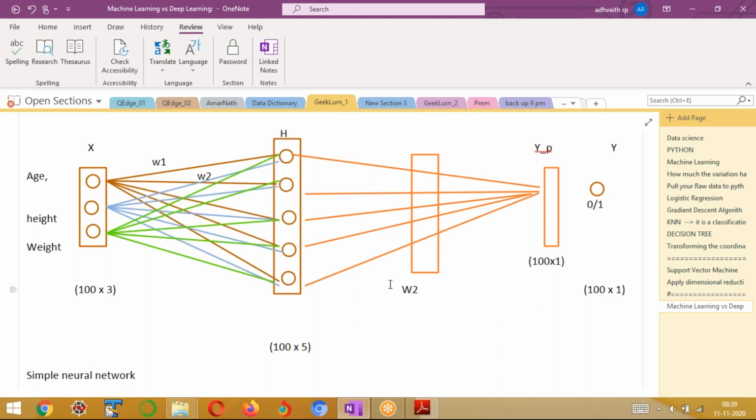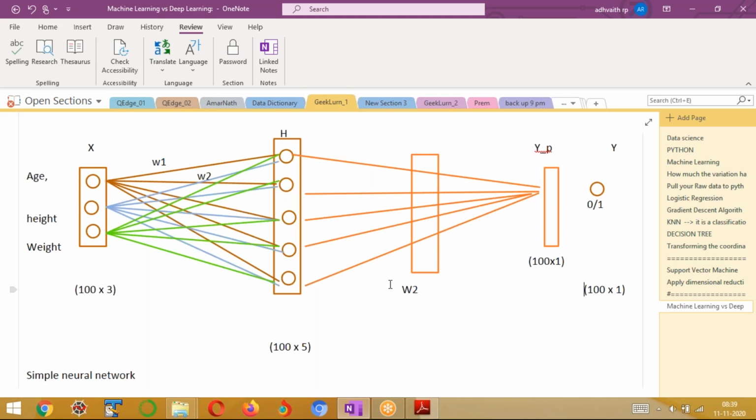But now the question is, when I say that random weight values are getting created, how should I believe that randomly created weight values will make our error less? How should I believe that my random weight values will improve my accuracy? Randomly means I am giving coefficient values of my own.